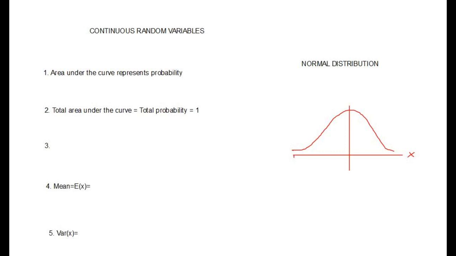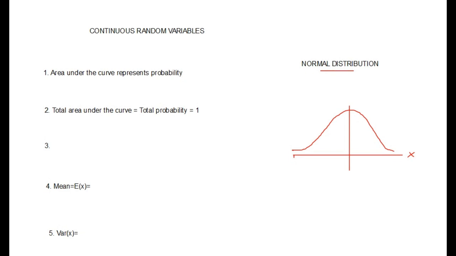So we have seen a particular kind of distribution of continuous random variables called the normal distribution. It was a special kind of distribution, and it had special features: it had this bell-shaped curve when you plotted it, and the curve was symmetric, and we used some of these properties to calculate probabilities.